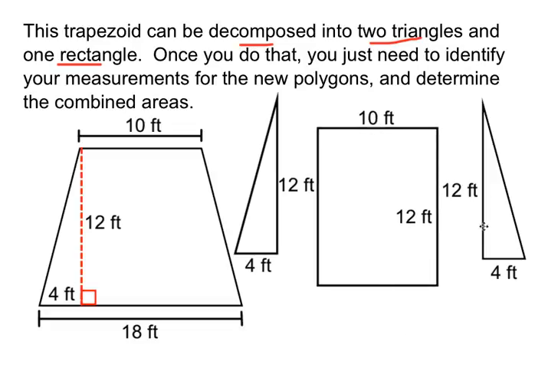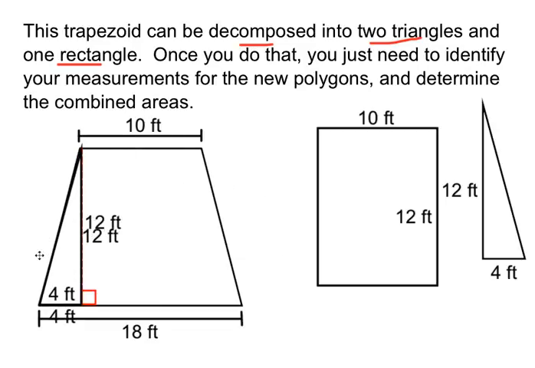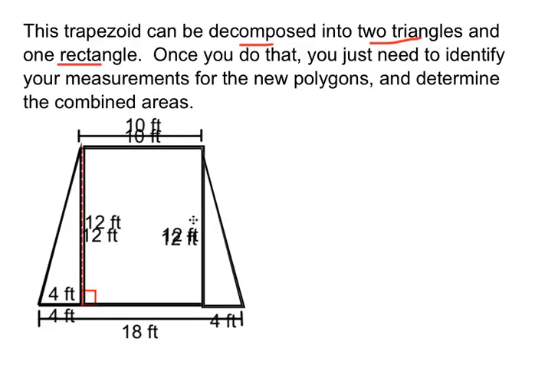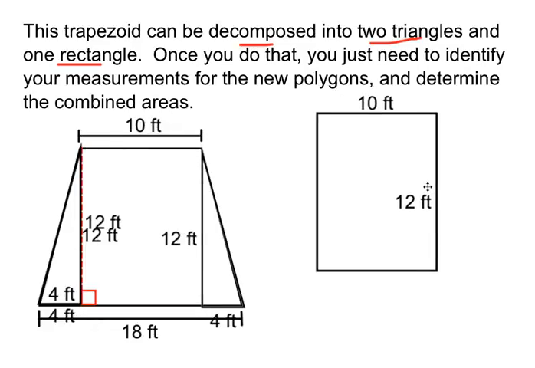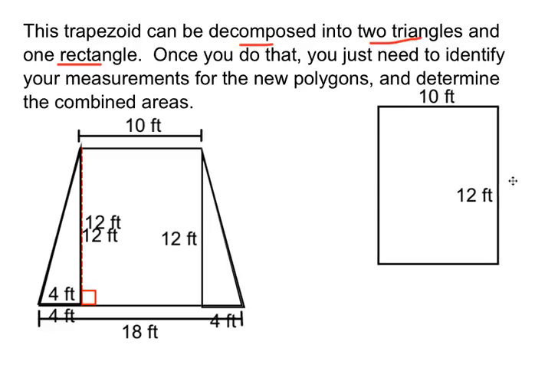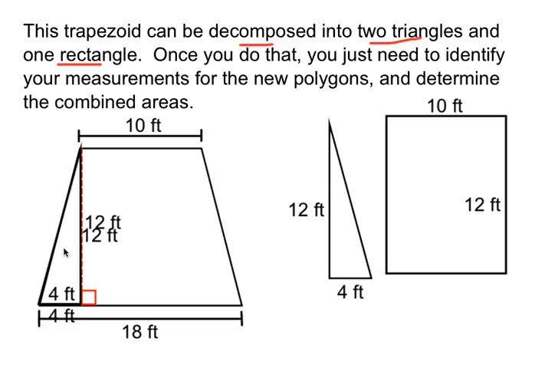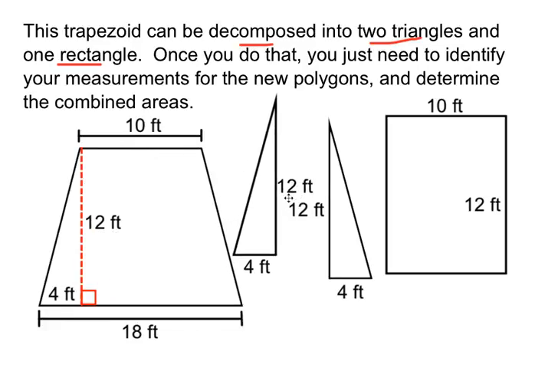From this trapezoid we've got our various shapes: we have this triangle over here, this triangle right here, and this rectangle right there. When we take it apart, we are setting ourselves up so that we have easier shapes to work with, versus trying to work with all of that. That's called decomposing a shape.